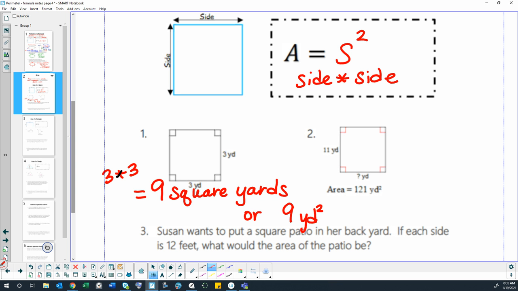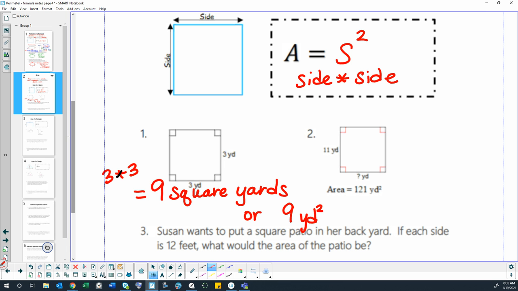Okay, now we get to go backwards. Here's a square that's 11 yards, and the area is 121 square yards. It's a little square telling us its unit is square yards. This one's pretty easy. We can do this 2 different ways. One way is to realize side times side is area, so we can take area divided by side to get the other side.